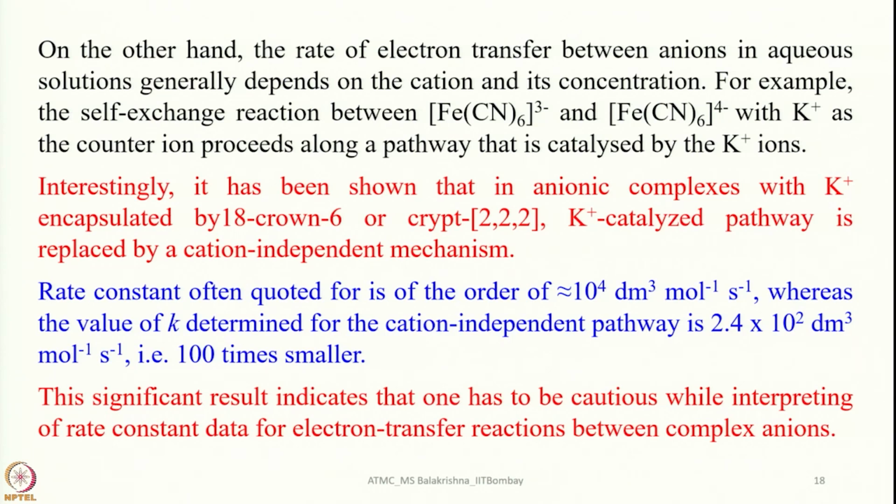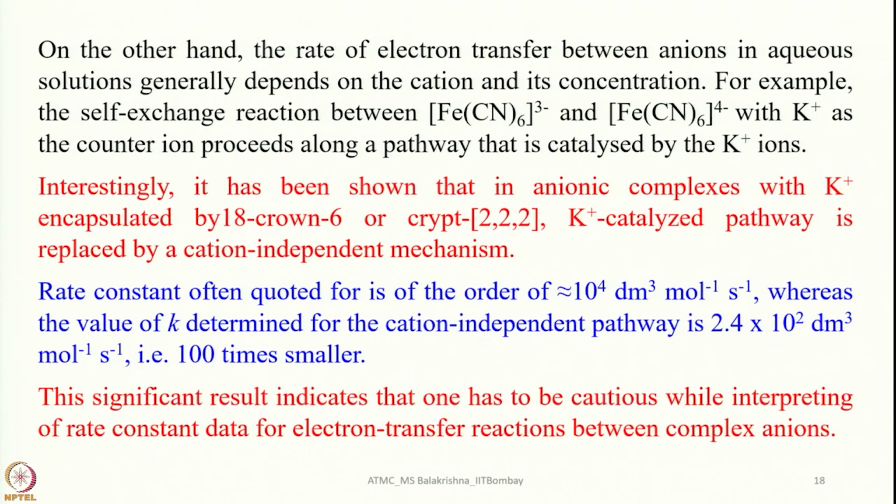When you arrest the mobility of the cation while performing a redox process by trapping or encapsulating it using crown ether or cryptand, then what happens? Now, the rate of electron transfer will be independent of the cation mechanism. So, that means it has a tremendous influence and the rate probably decreases.